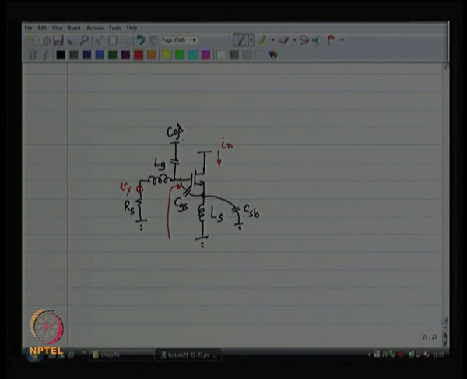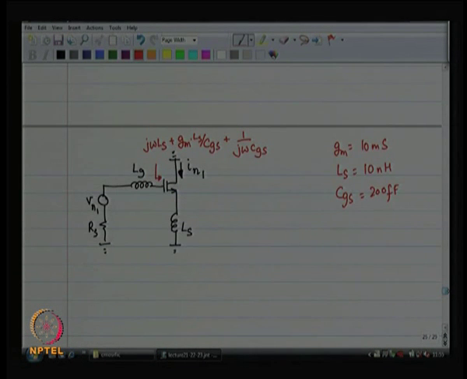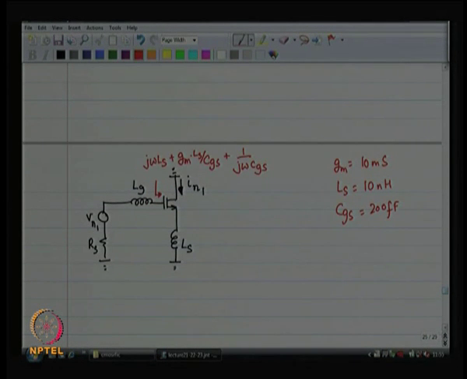That input impedance is really given by this quantity, remember, of which we found that it is dominated by Gm times Ls by Cgs. The remaining two are not of terribly great consequence over here.